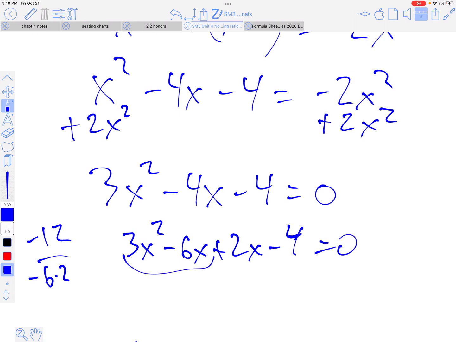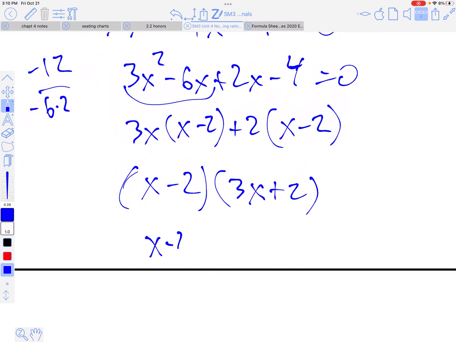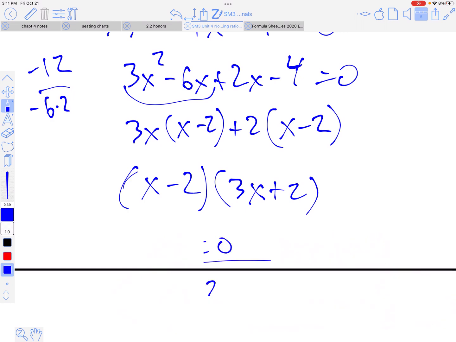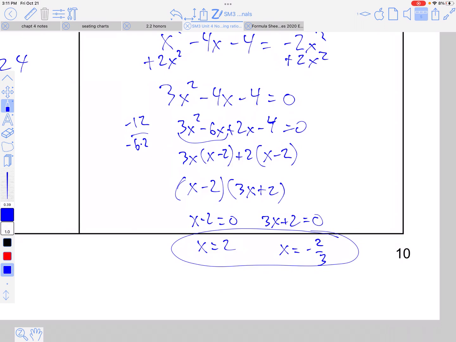And then I'm going to divide by 3x and divide by a 2. So I get one solution will be in there, x minus 2, and the other one will be 3x plus 2. I'm going to use the zero product property. X equals 2, x equals -2/3. None of those are the excluded values, so we're good to go.